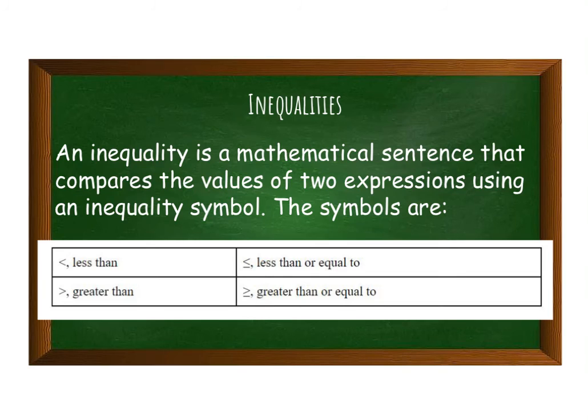Keep in mind, if the mouth is open to the right, it reads as less than, because you're saying whatever's on the left is less than whatever's on the right. Same thing over here, less than or equal to, whatever's on the left is less than or equal to whatever's on the right. If whatever's on the left is greater than what's on the right, that's when you use the greater than symbol, okay?